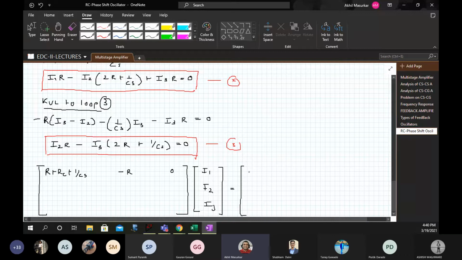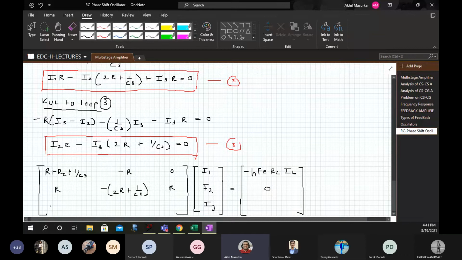so that is the RHS of the first equation, HFE RC into IB. Then coming to the second equation, here we have R, minus 2R plus 1 by Cs, and here we have again R, and this is equal to 0.